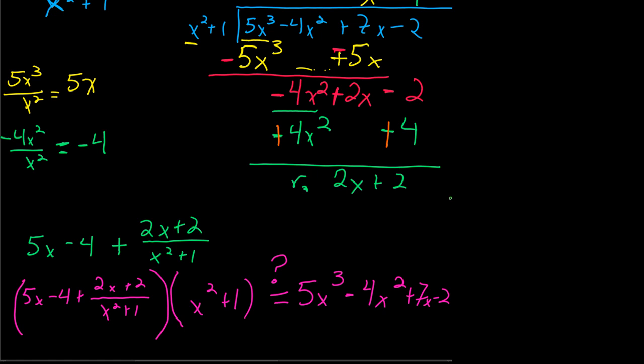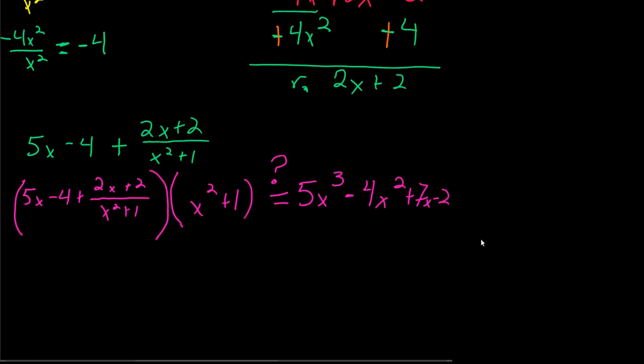I should get back to where I started if I reverse what I did. If I divided, multiplying should get me where I started. We're just doing it in this particular thing with polynomials.